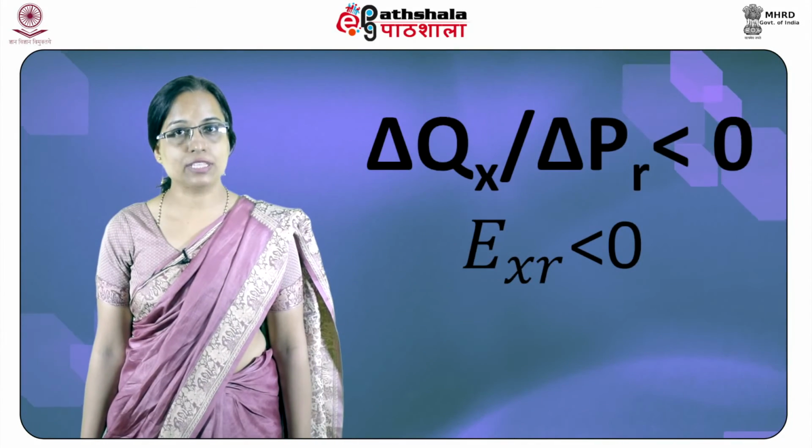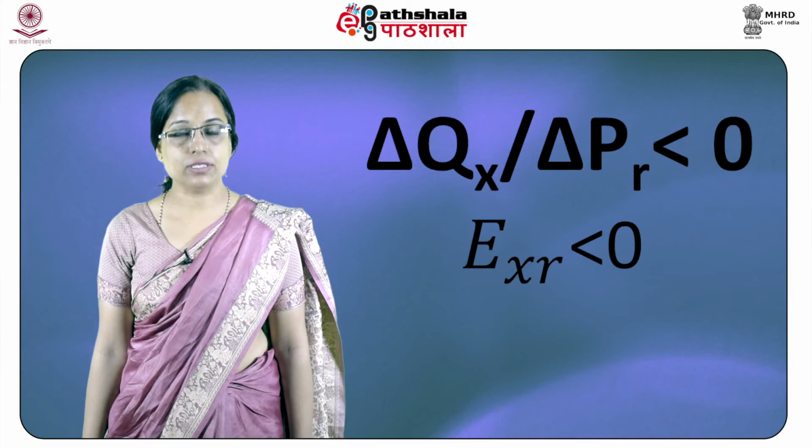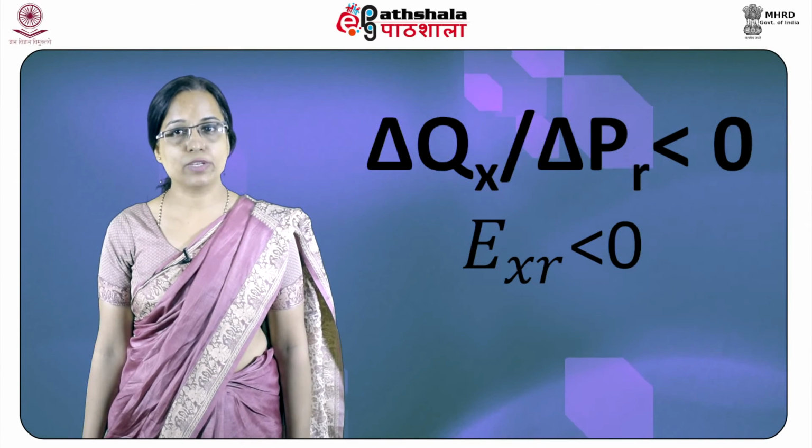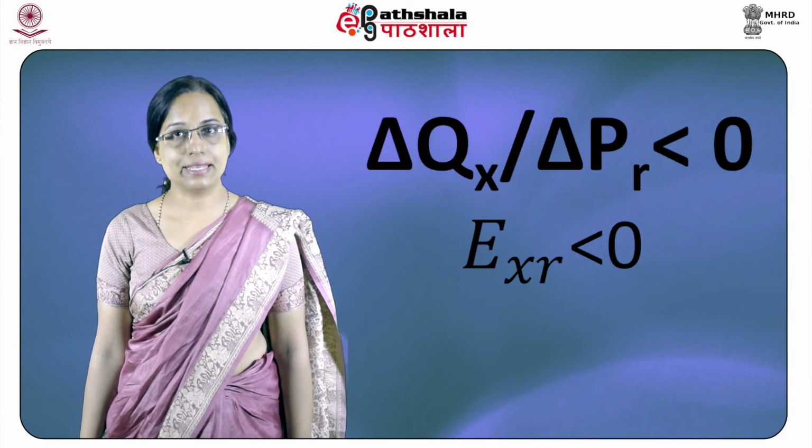If the two goods are perfect substitutes, then the cross price elasticity of demand would tend to positive infinity. Example, if we consider Pepsi as a perfect substitute for Coke, then EXR would be positive infinity. If the goods X and R are complements, then change in QX by change in PR is less than 0.